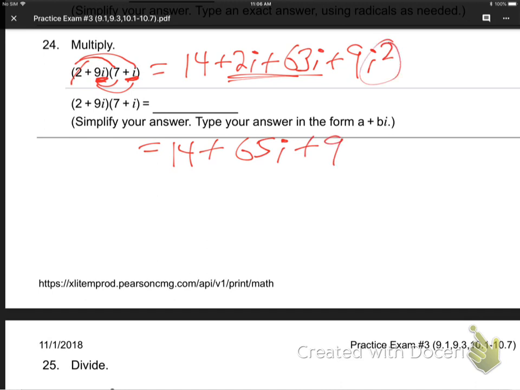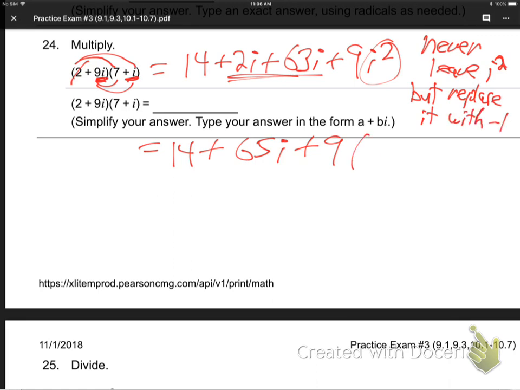Remember, we never leave i squared. Replace it with negative 1, right? We leave regular i, but i squared we never leave.